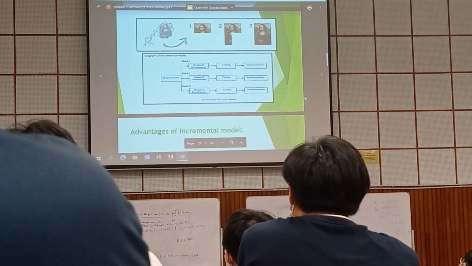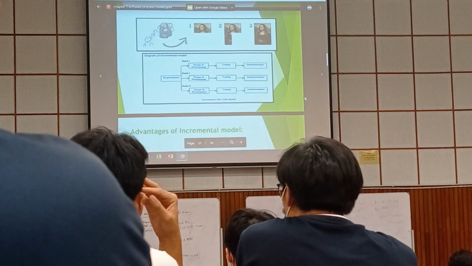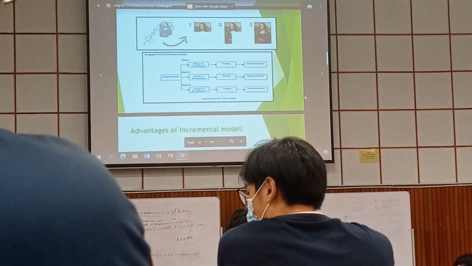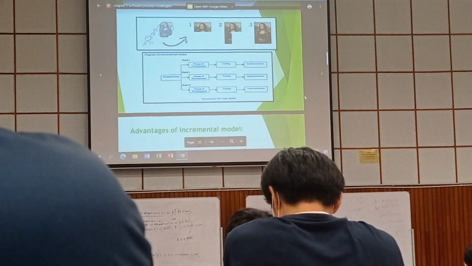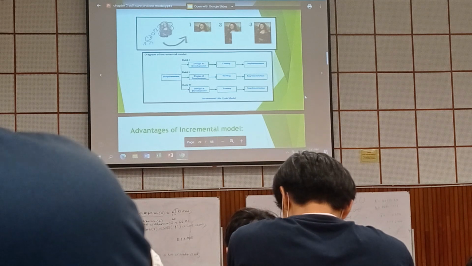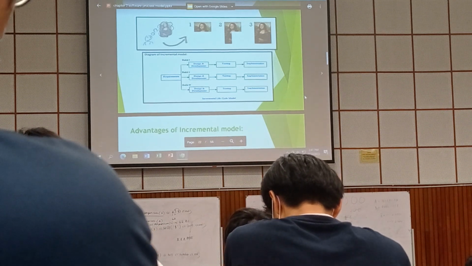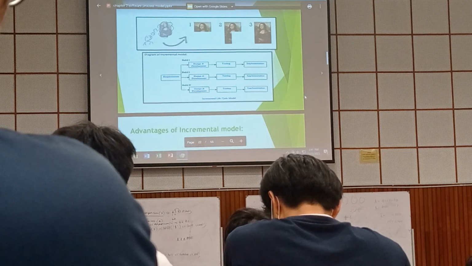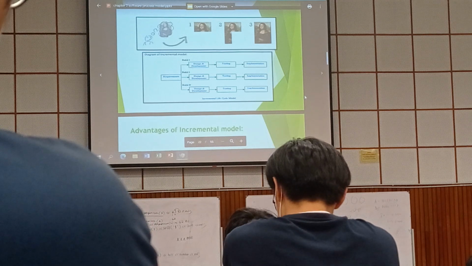Look at build one, the Mona Lisa one. You start with the requirement, design, development, testing and implementation. After that, number 2, the Mona Lisa half body. Again, you start with the requirement, design, development, testing, implementation. After that, the Mona Lisa's full portrait. Again, you start with the requirement, design, development, testing, implementation.